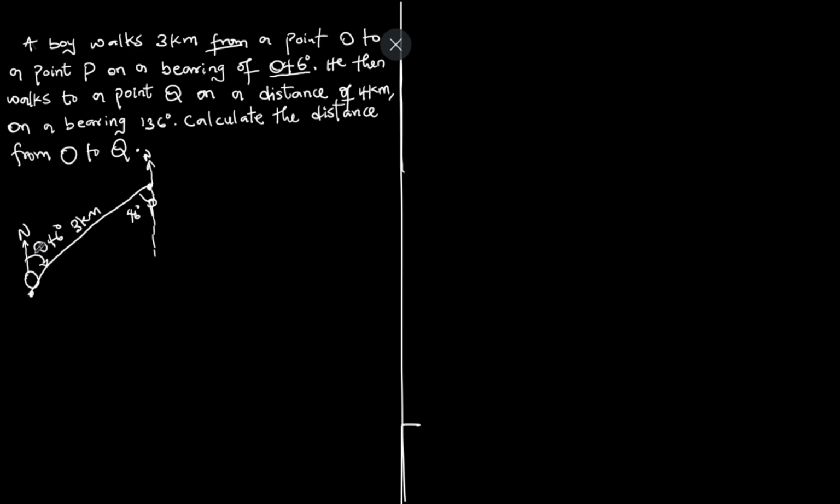He moved 46 degrees and then he began to journey for 3 kilometers until he got to point P. Now, when he got to point P, he then walks to another point Q on a distance of 4 kilometers on a bearing 136 degrees. So from P, he moved to Q. Note, where did he move from? P. So we take our bearing now from P going towards Q.